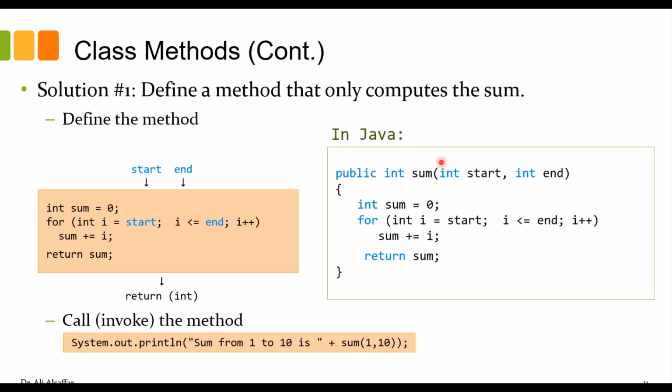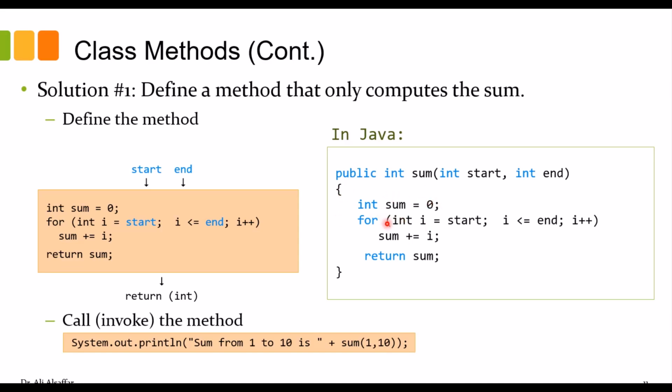So you write the name, you open round brackets, and you put the parameters, comma, one after the other. So we have two input parameters as integers. We just simply define them in the header. Here, you cannot define two variables in the parameters. You cannot say integer start, comma, end. You have to define each input separately from the others.